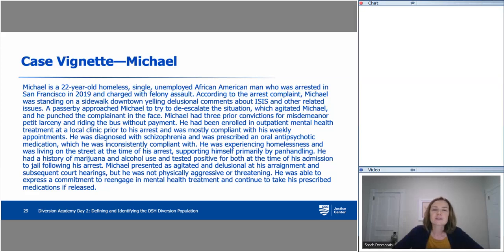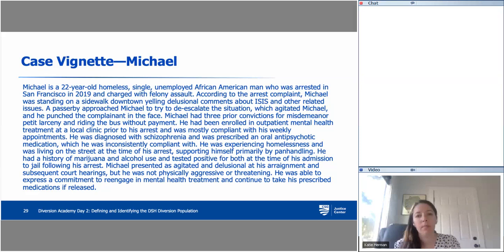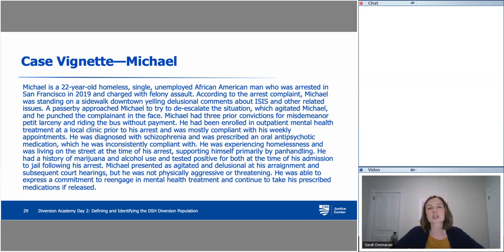So it's very different than a picture of somebody who is intentionally going out and committing very serious violent offenses. So I just wanted to bring that point back, that looking at the charging offense would be different than potentially looking at the context of the charging offense.